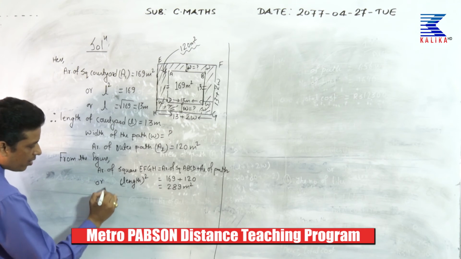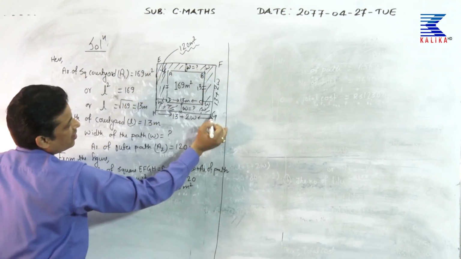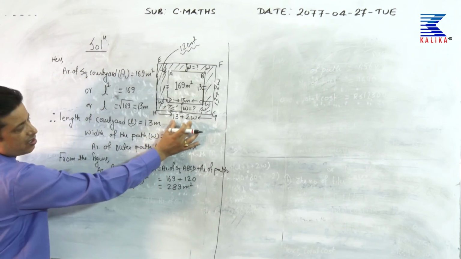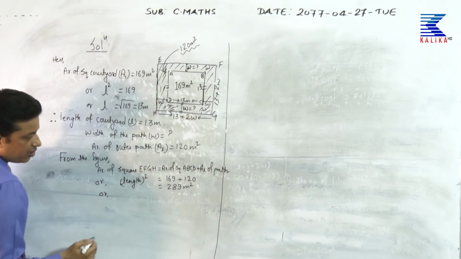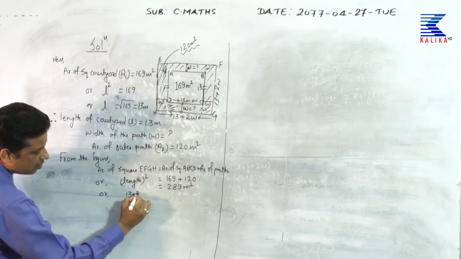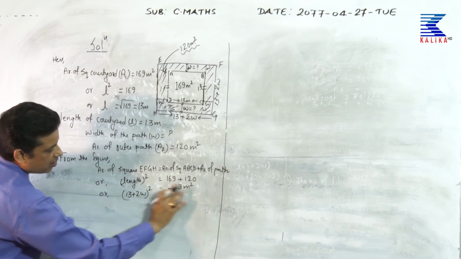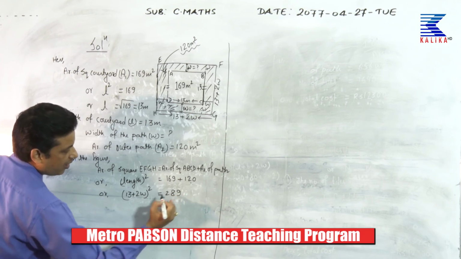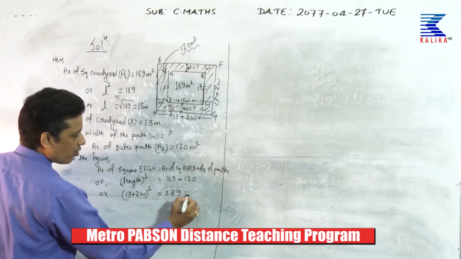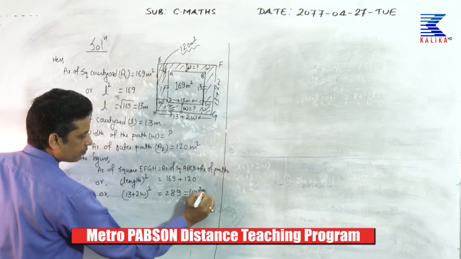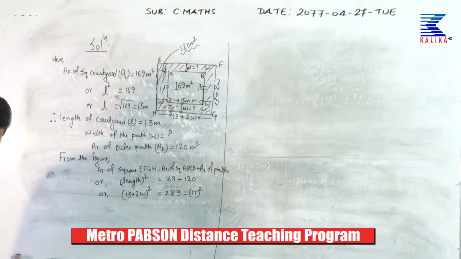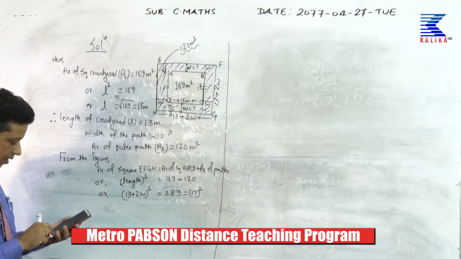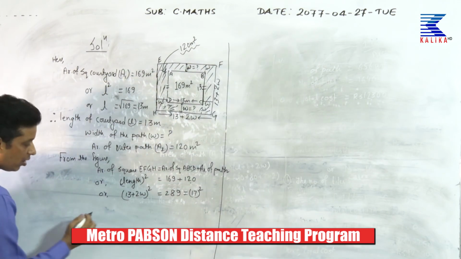So, what is the length of square EFGH? It is 13 plus 2W. So, it should be square of 13 plus 2W, that is equal to the sum 289, which is the square of 17. You can check whether that is square of 17 or not. Yeah, it is the square of 17.